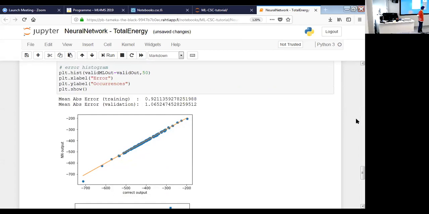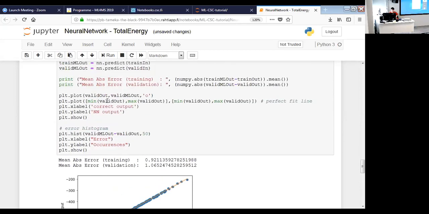So it's mostly okay. The error on validation is 1. I guess it's 1 Hartree. Yeah, it sounds bad, but this is plotting the validation ML output.